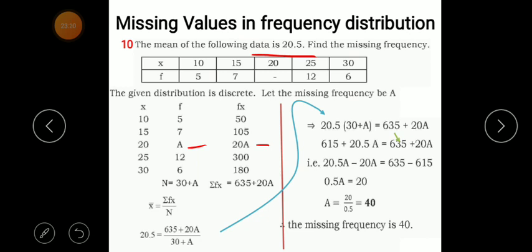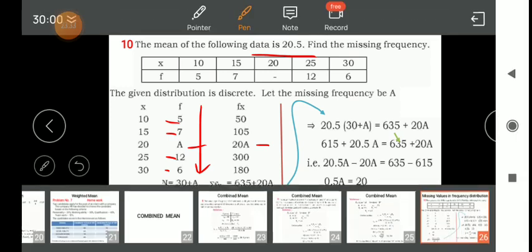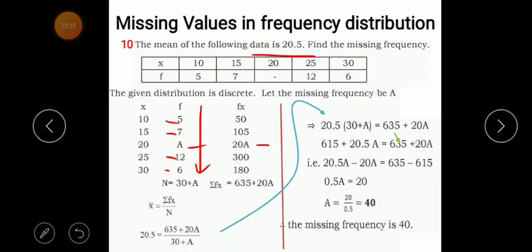Then the total of F: first add all these numbers, 5 plus 7 plus 12 plus 6, that is 30, plus A, you cannot add up. Next you have to add up all the Fx numbers, and plus 20A.